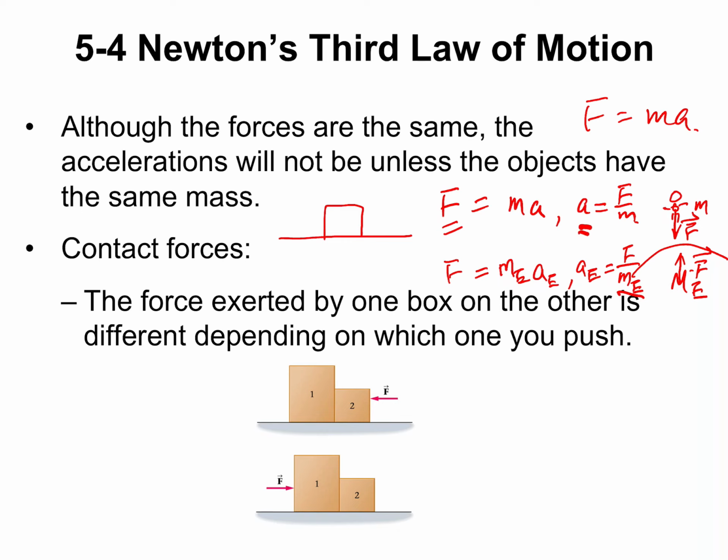Assume this is a tennis ball in free fall, just moving like this. This is the force. The force from Earth on the tennis ball is ma, and the acceleration of the tennis ball is force divided by mass. Meanwhile, Earth also gets acceleration, but it is so small that it is negligible.